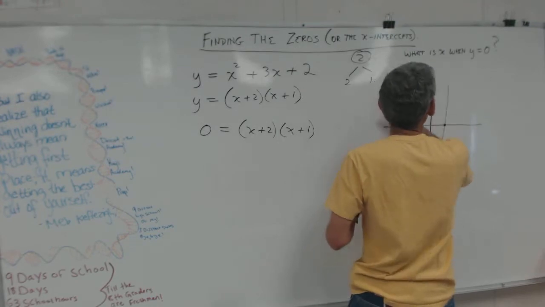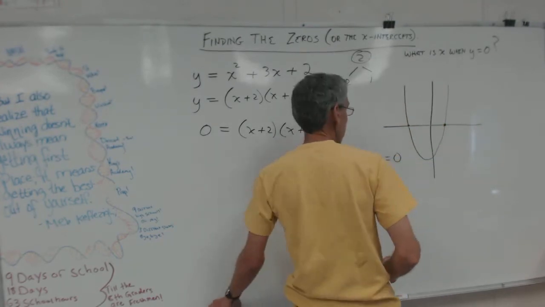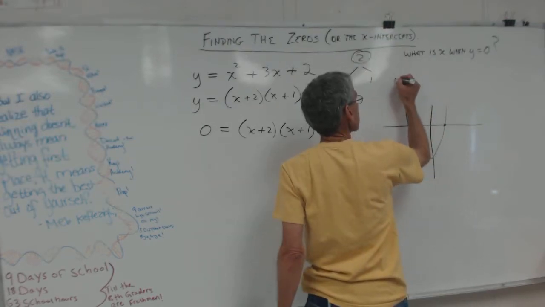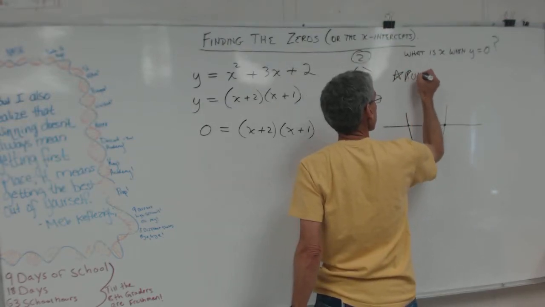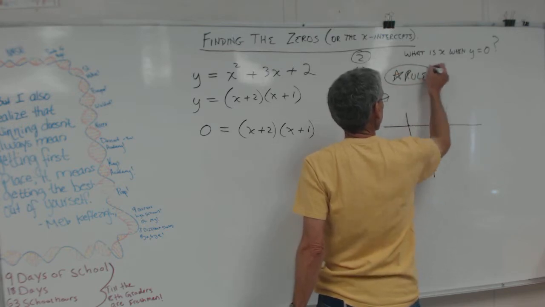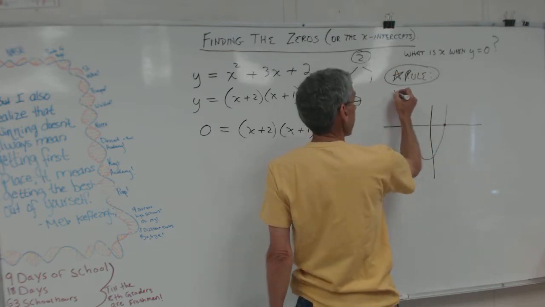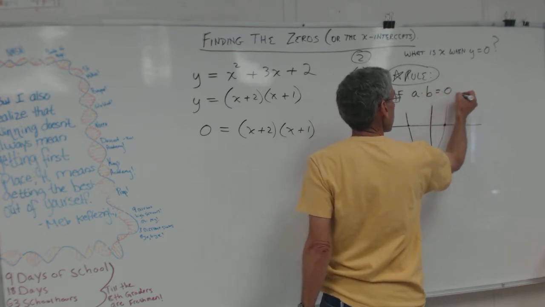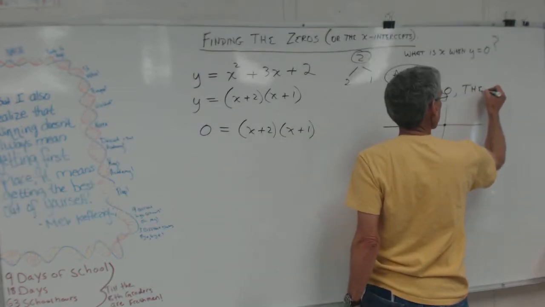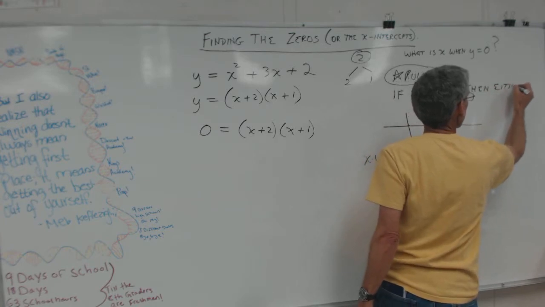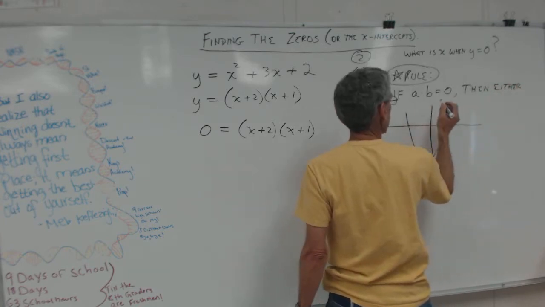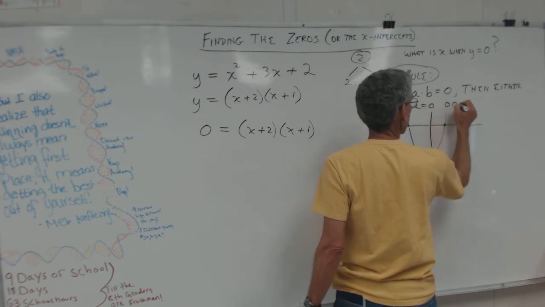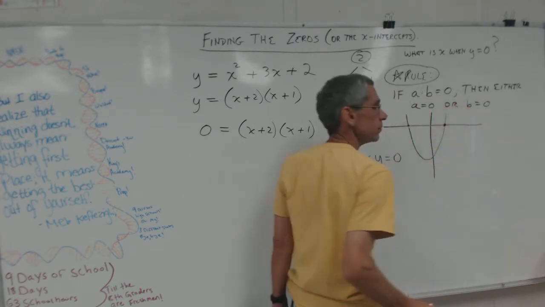This is the rule. I'm going to just make this a little lower. All right. So here's the rule. This is an important rule, so make sure you write this down. If a times b equals 0, then either a equals 0 or b equals 0.